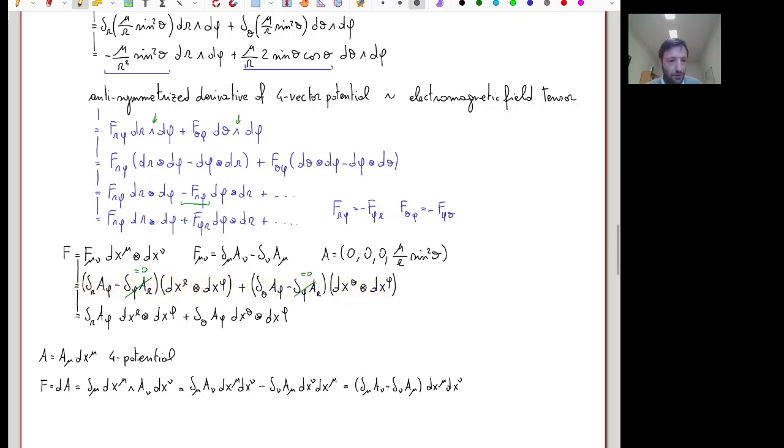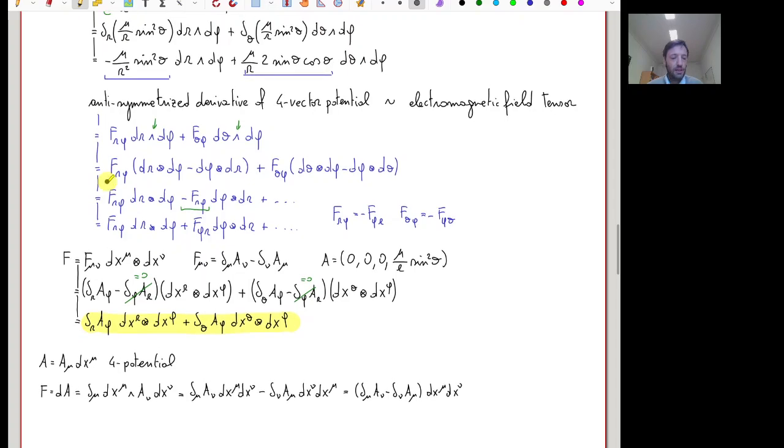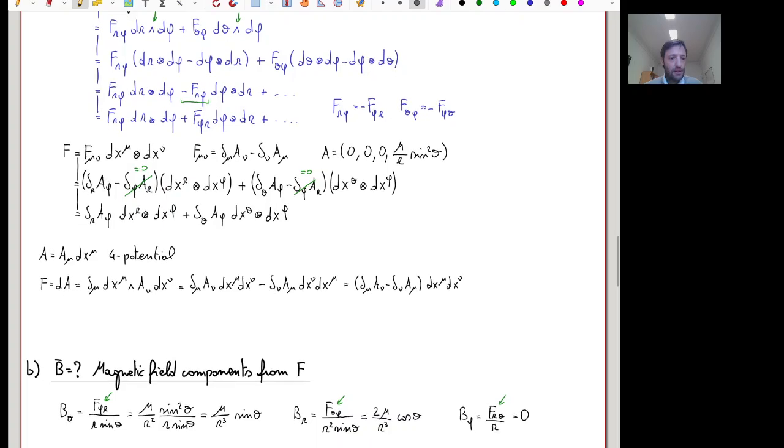Then the derivative of phi of A r is equal to 0. That's because A r, which is this guy here, is equal to 0. And the derivative of phi of A r, again, is equal to 0. So these two terms cancel. We are only left with this, and look, it is exactly what we had in the previous derivation. So you see that we have these two coefficients that identify with these two guys. That's what we got before. Perfect. Nice.